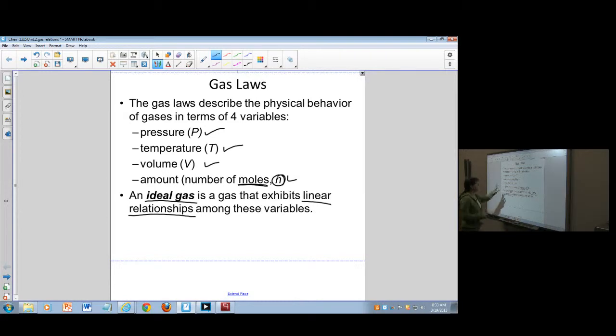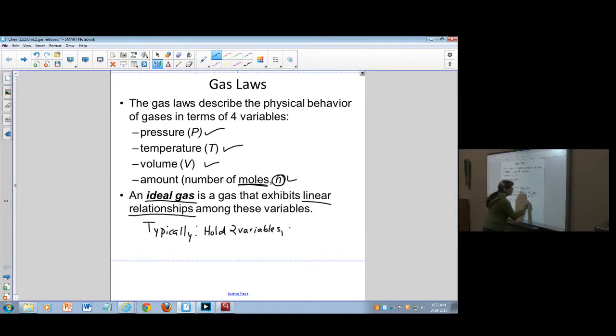So typically you'll have a typical experiment. You're going to hold two variables constant. In other words, you don't change the temperature, or you keep the same amount or something like that. And so you have two variables that never change.